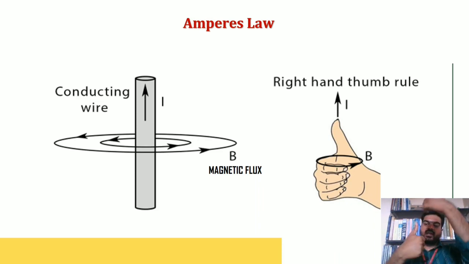When you pass the current through the conductor from here to here, the other fingers wrapped around the thumb can be assumed as the magnetic flux, the magnetic field. So this is Ampere's law, or the right hand thumb rule. This must be understood for understanding the various concepts in electronics.